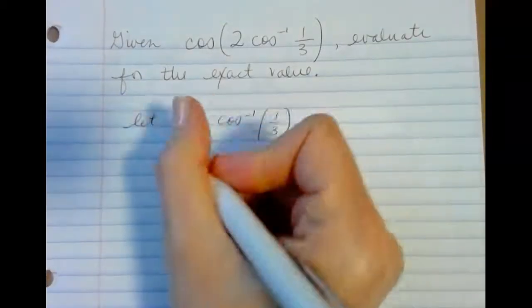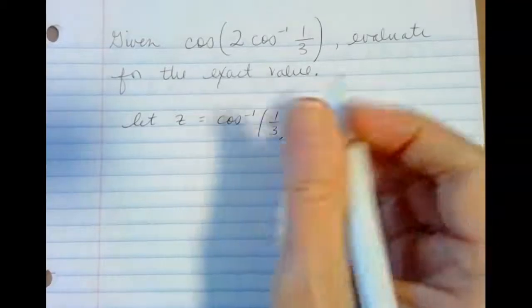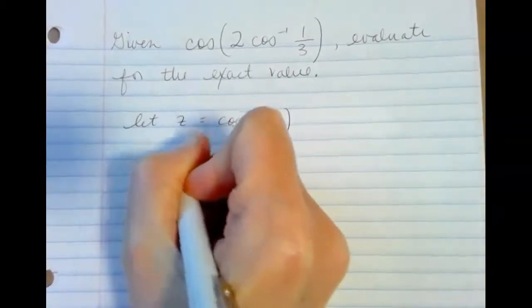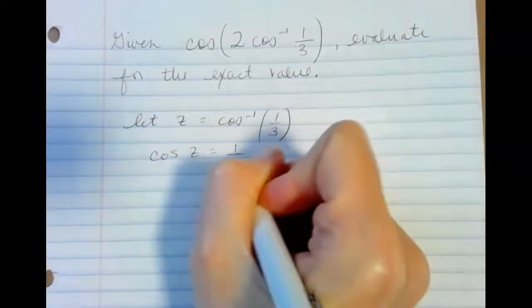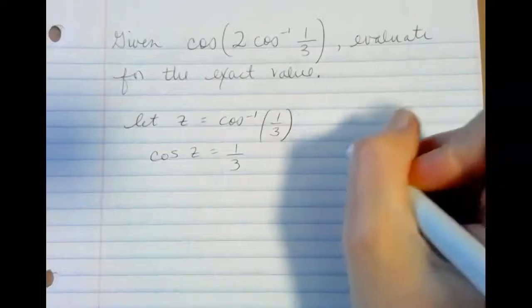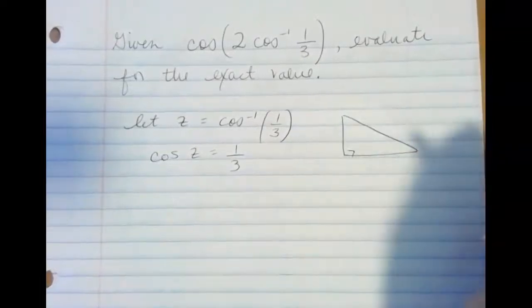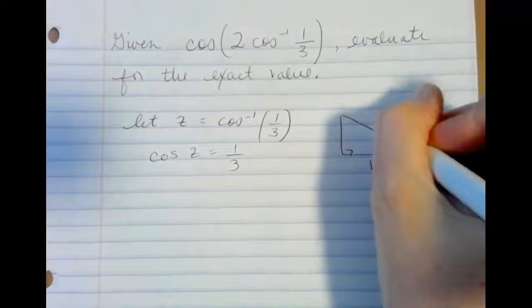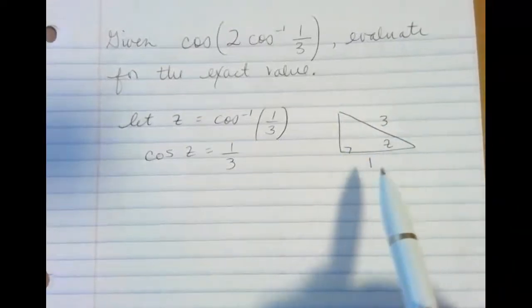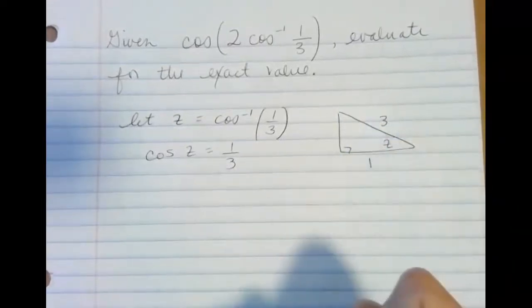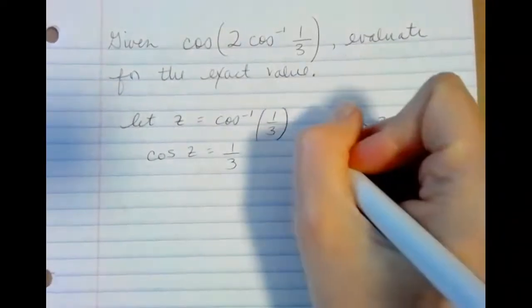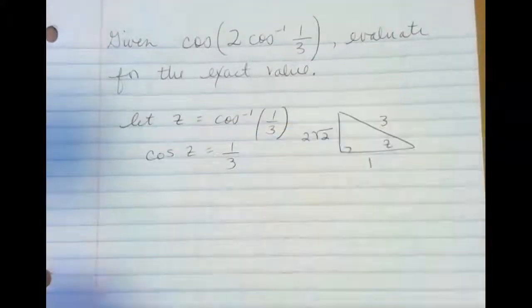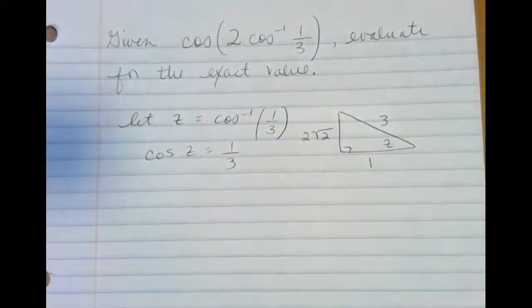So from here, if z equals cosine inverse 1/3, then the cosine of z equals 1/3, which of course directly translates to a triangle. So cosine is adjacent over hypotenuse. So 1 and 3, which is going to leave our missing side to be 2 root 2 by Pythagorean theorem.